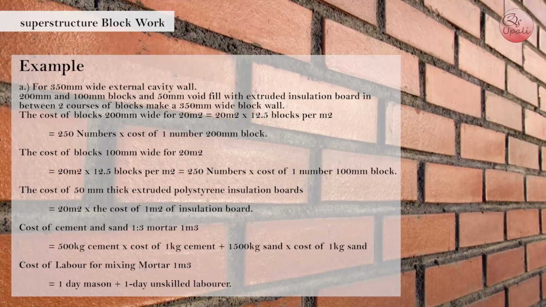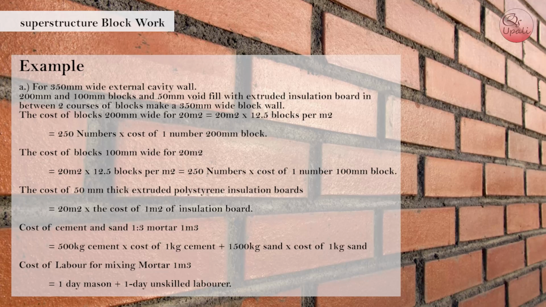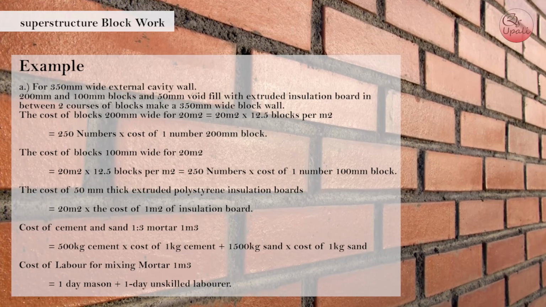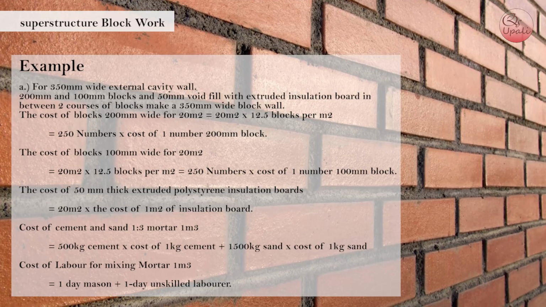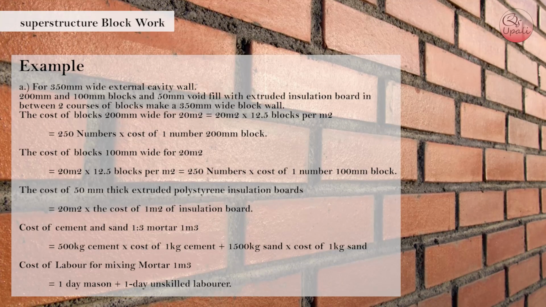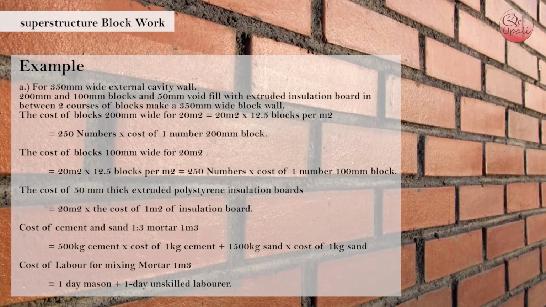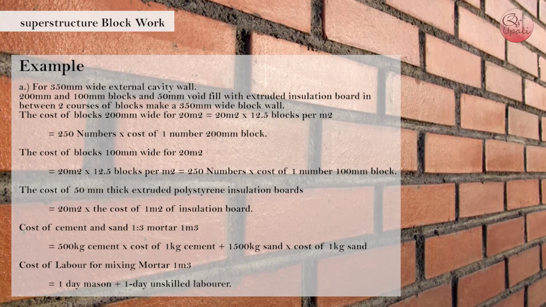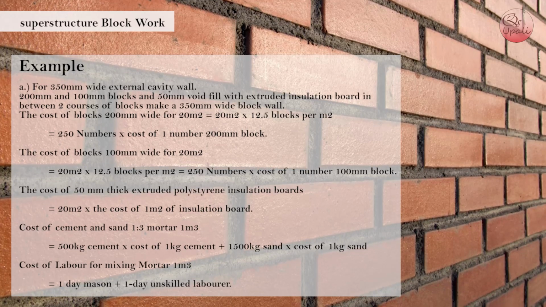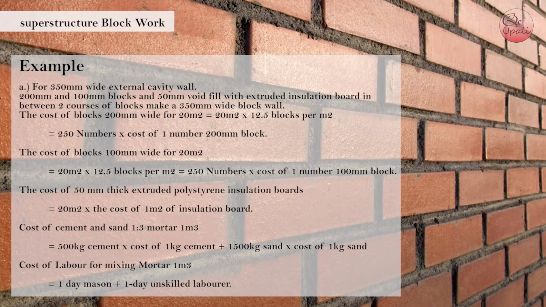The cost of blocks 200 mm wide for 20 meter square equals 20 meter square into 12.5 blocks per meter square equals 250 numbers into cost of one number 200 mm block. The cost of block 100 mm wide for 20 meter square equals 20 meter square into 12.5 blocks per meter square equals 250 numbers into cost of one number 100 mm block.